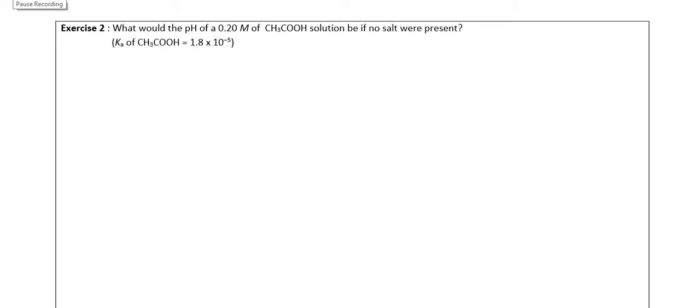For exercise 2, what would be the pH of 0.2 molar CH3COOH if no salt is present? The question asks about pH. Do you want to use the Henderson-Hasselbalch equation? For this case, no need. Why do I say that? Because the CH3COOH solution has no salt.